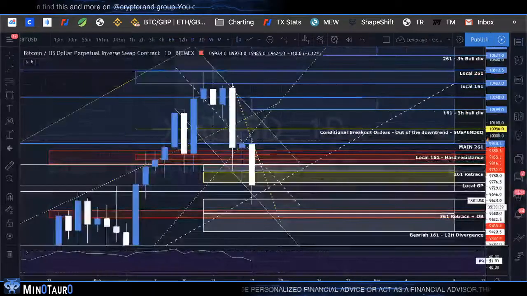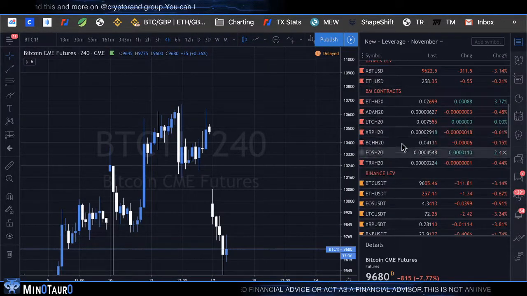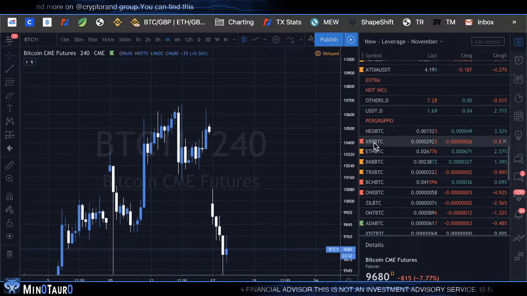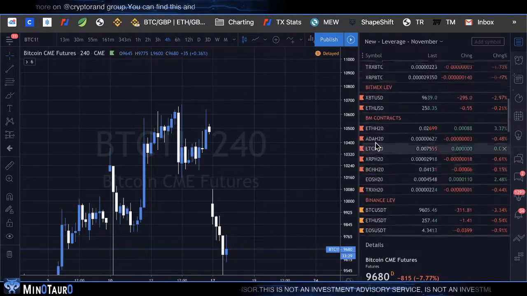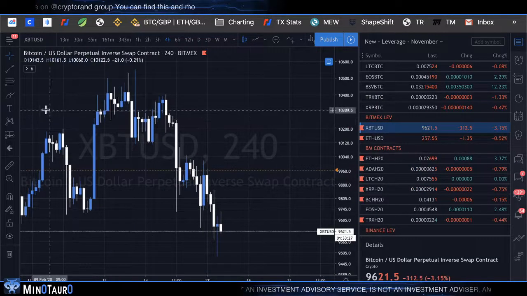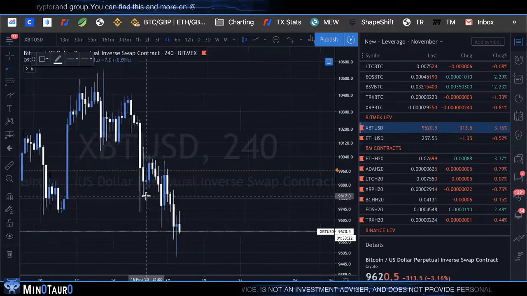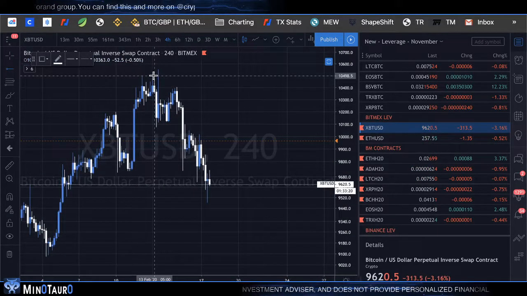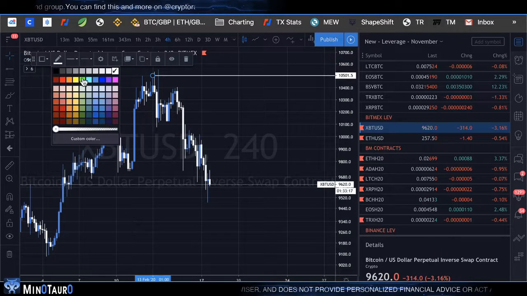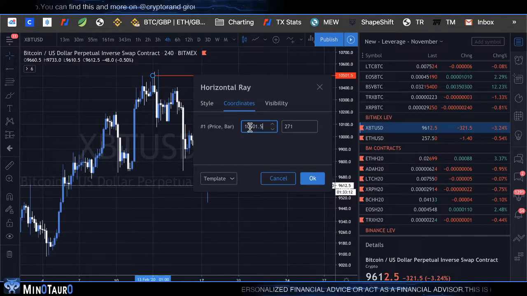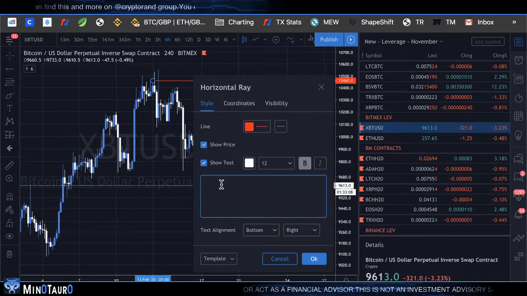Let's go to max. Even if it's not, the price is different. First of all, we put here this red line, 10,460.